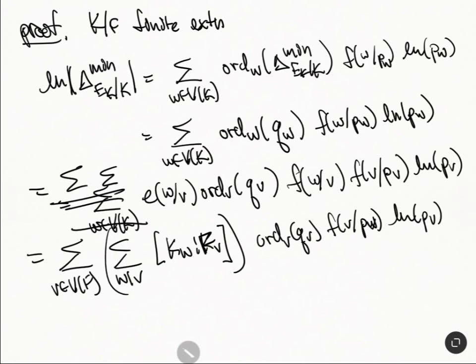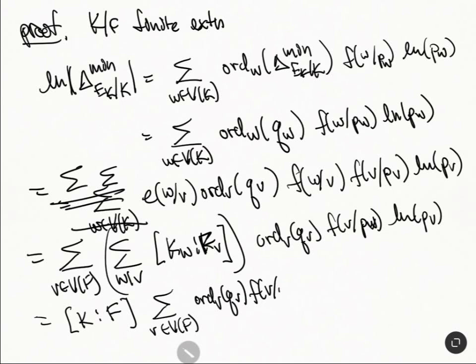So when you sum over all the places above and you take these degrees here, the sum is just the degree of K over F, and it's a constant, so you can just factor it out. And then we have this sum over V in V_F of ord_V(q_V), f_V over P_V, natural log of P_V. This is exactly the same definition we started with, at a different level.